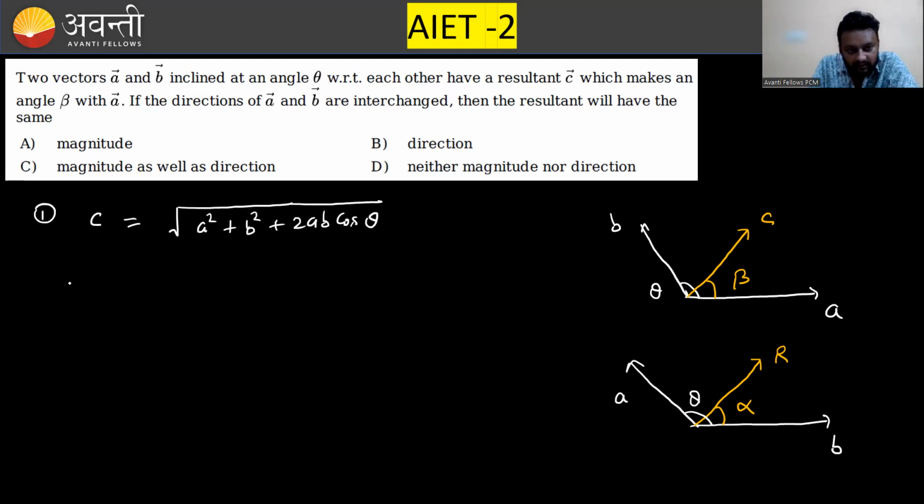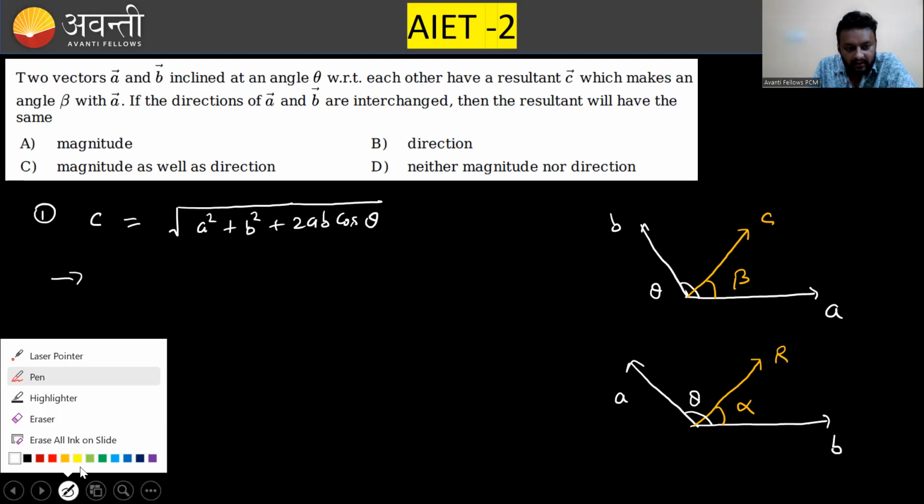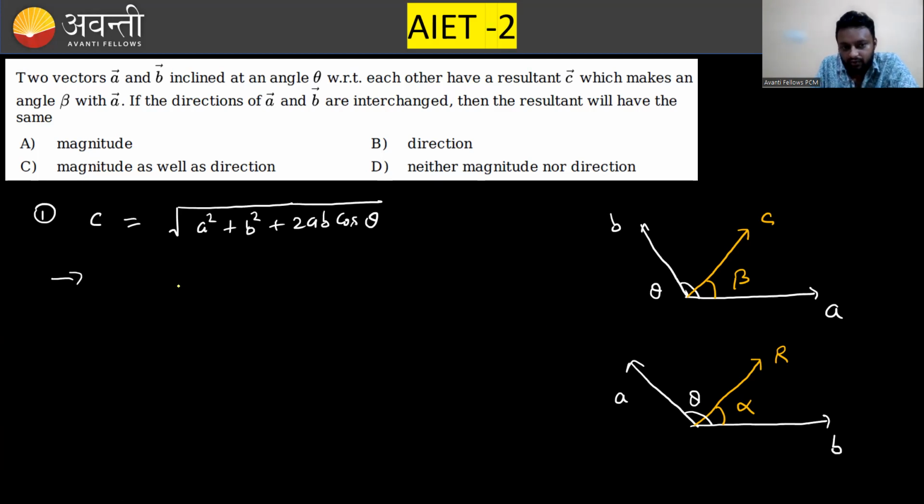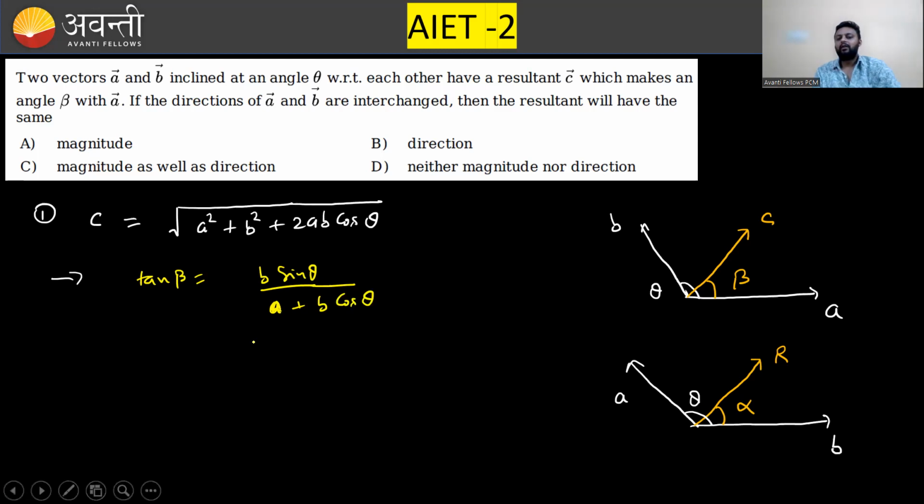And the angle beta, you know the relation: tan beta equals B sine theta divided by A plus B cos theta. I hope you remember this relation. The angle made with the horizontal direction is tan beta equals B sine theta divided by A plus B cos theta.